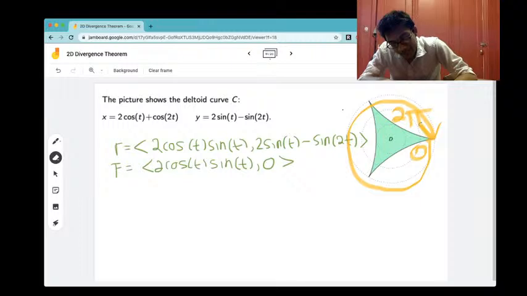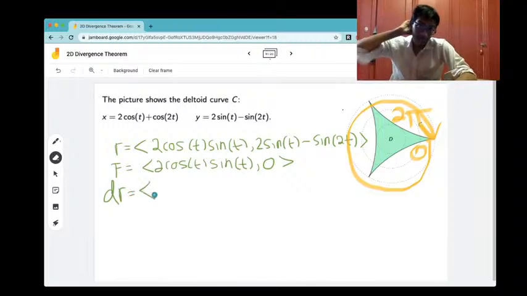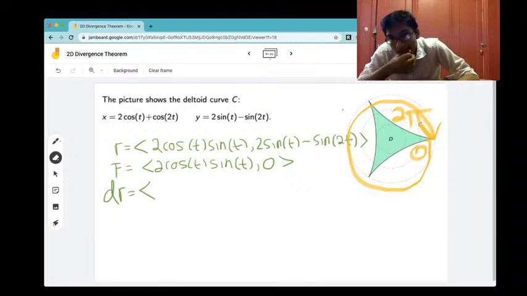So I'll have dn is equal to what? Well, first thing I have to do is what? First, let's find dr, because I find that easier to do. So dr is gonna be, find the derivative of the x component with respect to t, right? So that's gonna give us, oh my god, this is so big.